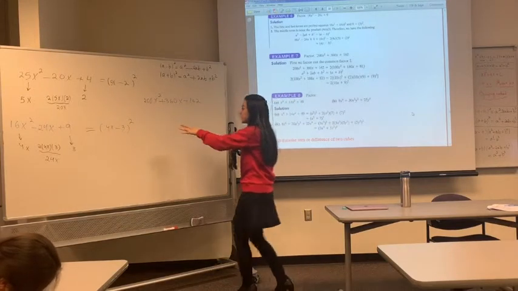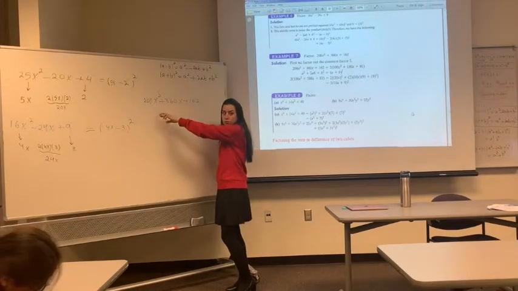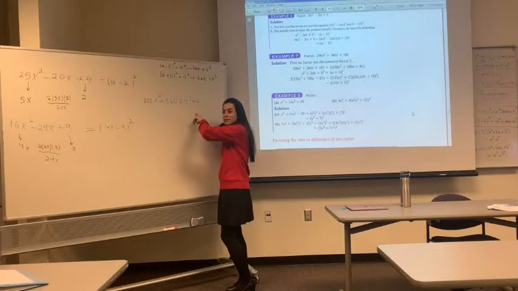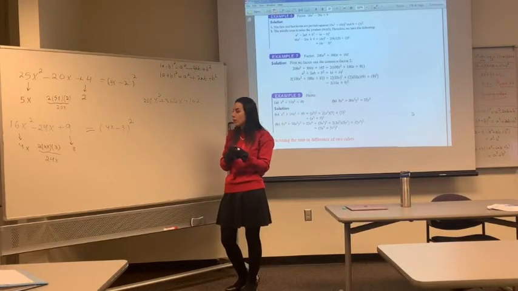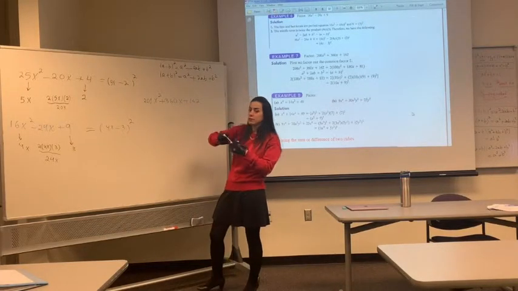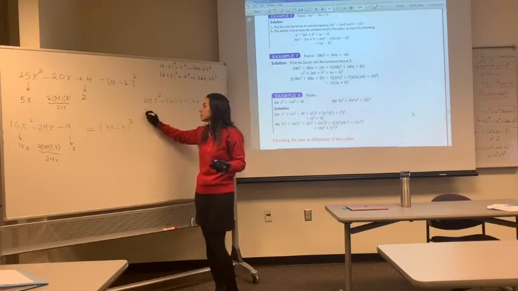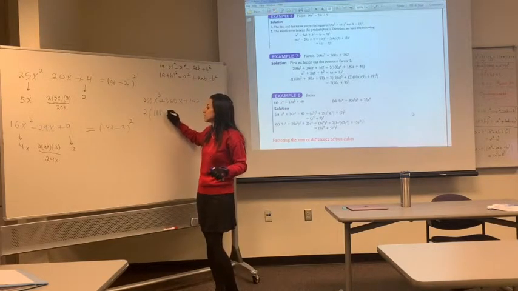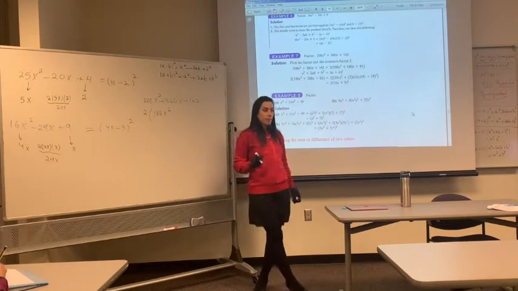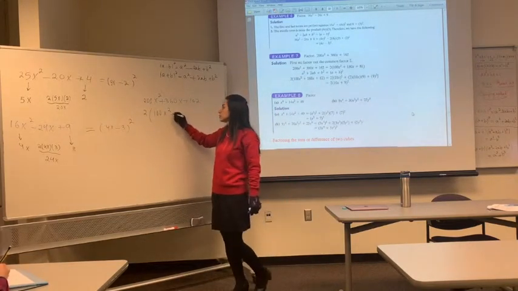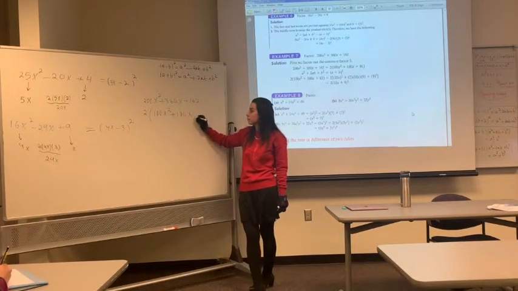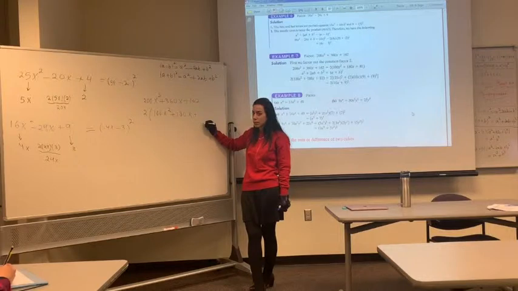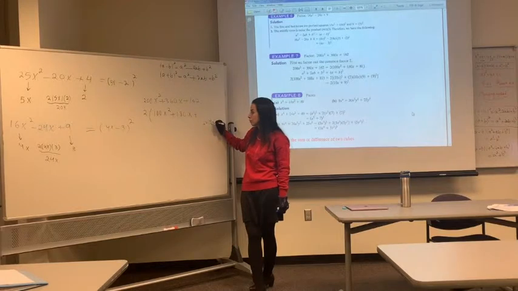As I see between all of them, because these are all even numbers, right? 2 is common. So now we should divide this by 2 and then this one by 2. The first one is easy, 100x squared remains, right? This one is 180, right? And then 162 divided by 2 is 81.